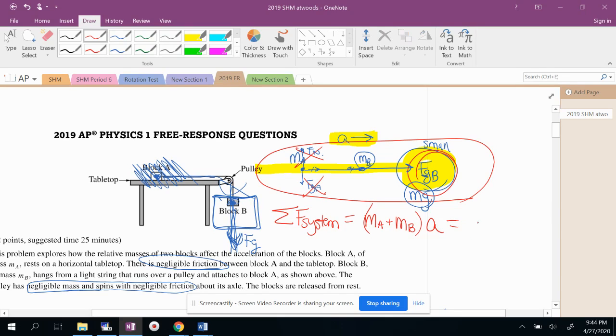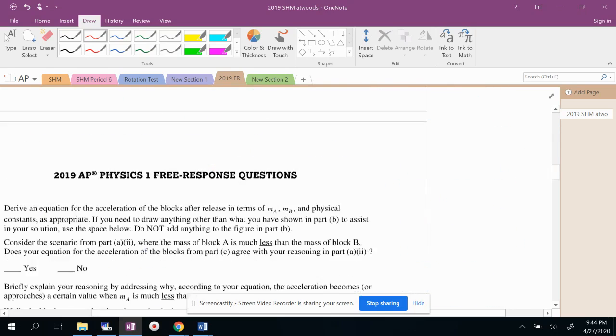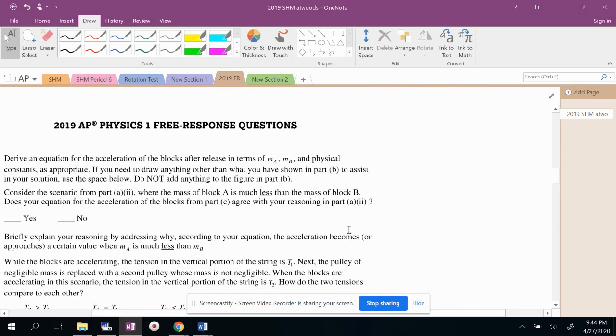This is not a variable they gave me, so I need to write mb times g. Okay, I'm solving for acceleration, so acceleration equals mb times g over the sum of the masses. So that's your answer for part C. Okay, so I'll write one arrow there.